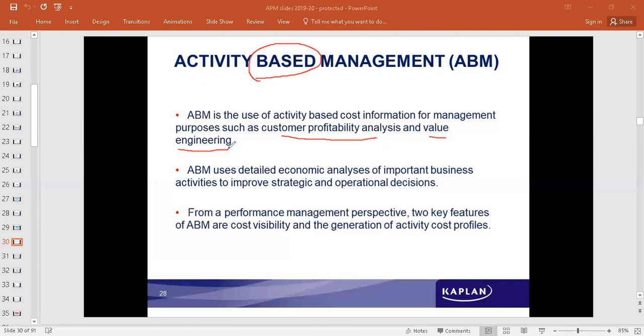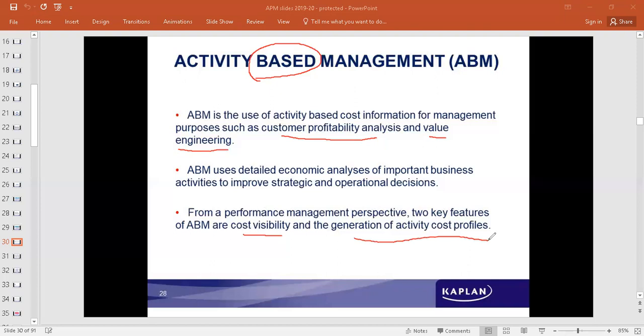ABM uses detailed economic analysis of important business activities to improve strategic and operational decisions. The two key features of ABM are appropriate cost visibility and generation of activity cost profiles.